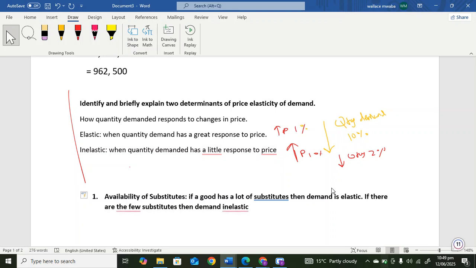So they'll be forced to still buy the same good. The best example is salt. Salt has very few substitutes. I don't think there's any substitute for salt. So I can imagine if the price of salt went up, you still have to buy salt. Very few people can do without salt. So the quantity demanded of salt won't really drop, because people still need the salt. Are we okay with this? Any questions?